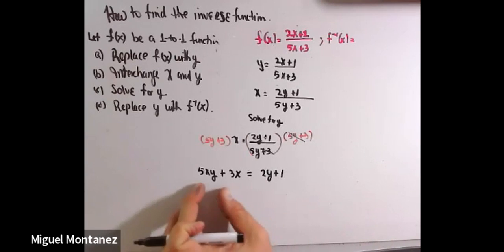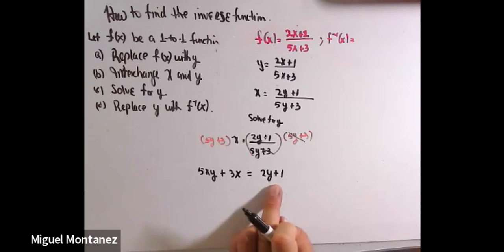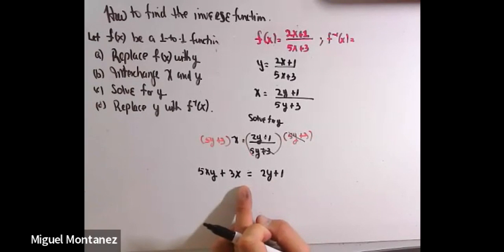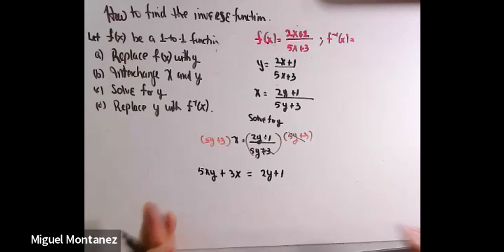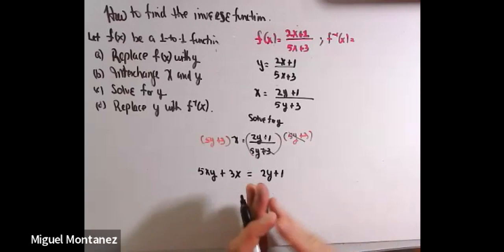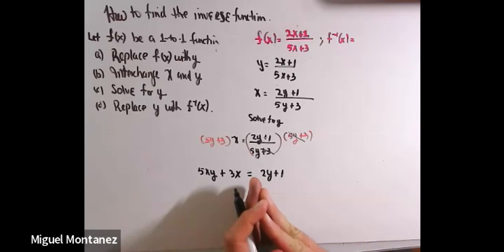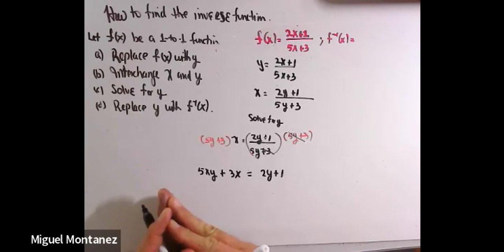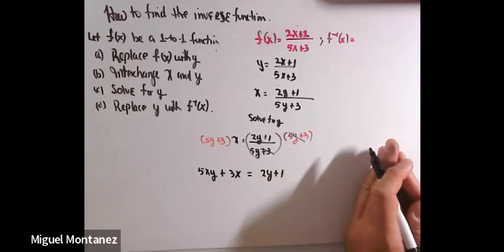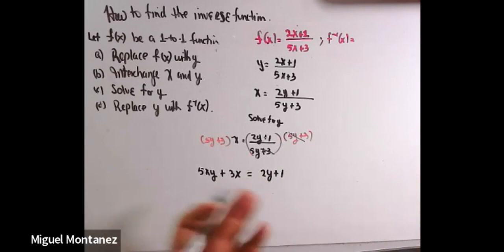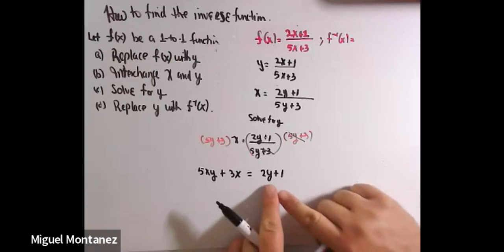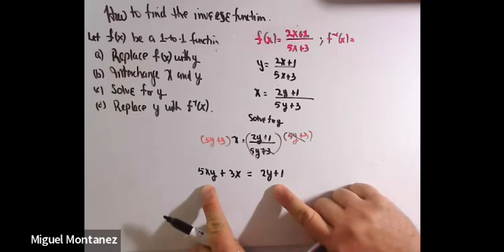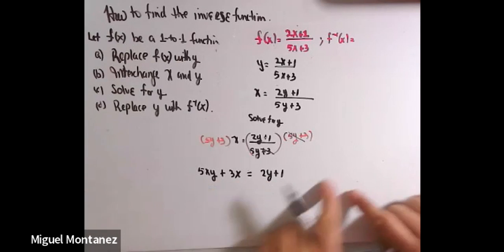Notice that now we have two terms that contain the y, two terms that do not contain the y. No big deal. What we need to do is just to put all the terms that contain y on one side of the equation and the rest on the other side. So here it's almost the same. We may subtract 2y. We may subtract 3x.